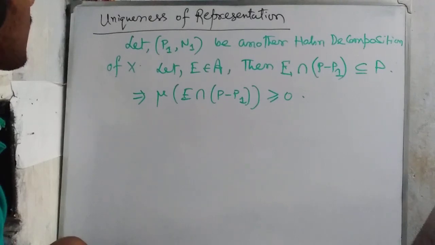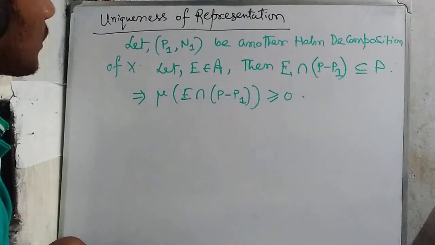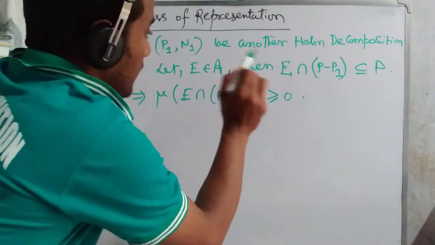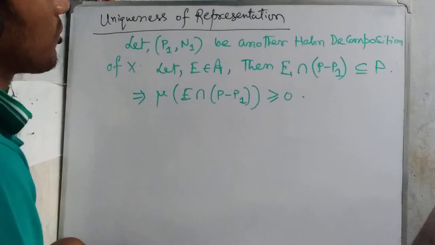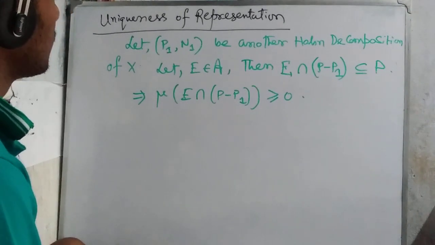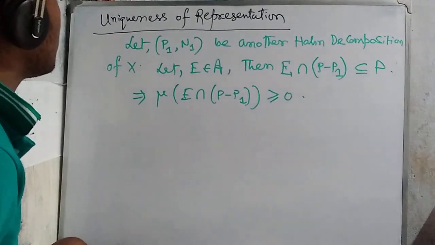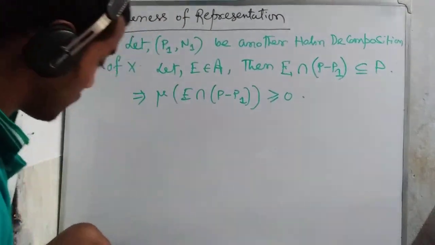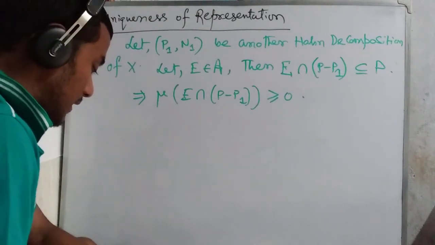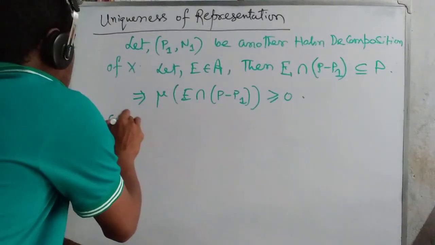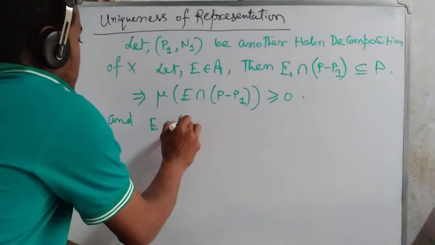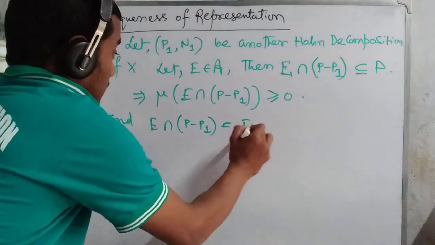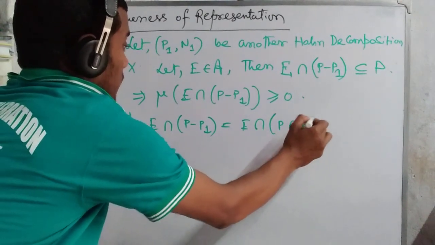P1 and N1 are another Hahn decomposition for X. So E intersection (P difference P1) is a subset of P, and obviously mu of it is greater than or equal to 0, since this is a measure. Now E intersection (P difference P1) equals E intersection P intersection P1 complement.